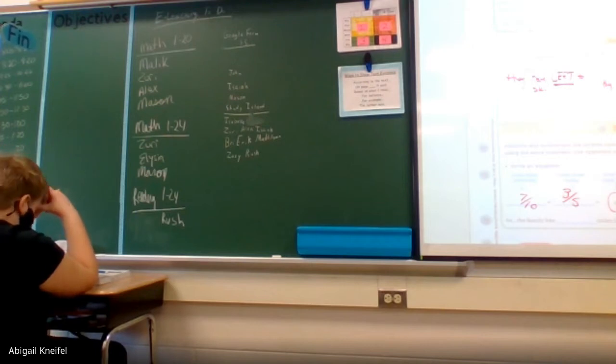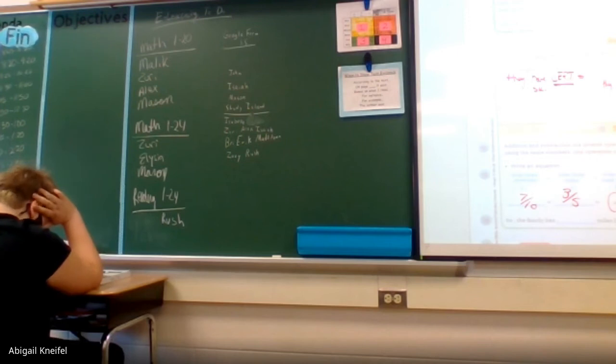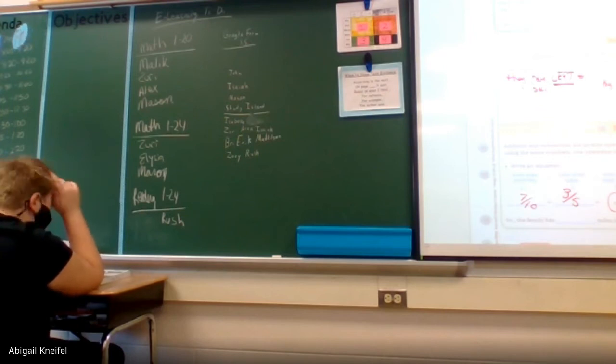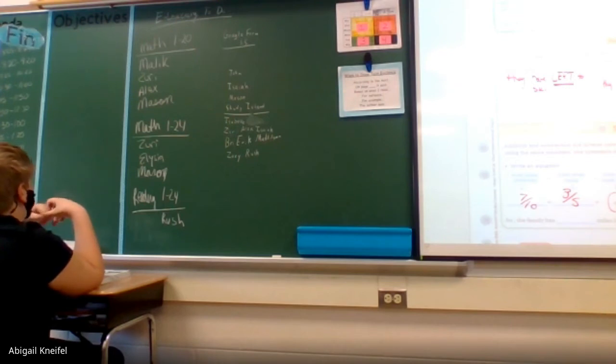Okay, that's where that number is. And now I need to subtract my next one, which is 3/5. Can I do this problem? No. What do I need to do first? Why can't I do this problem yet?